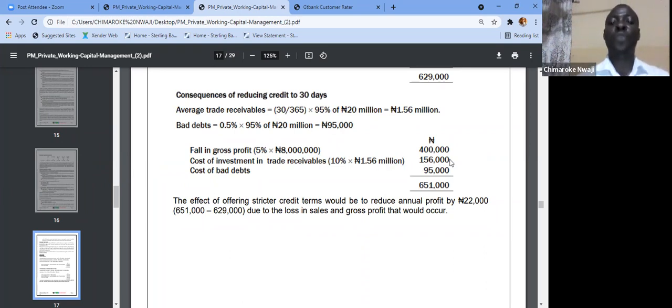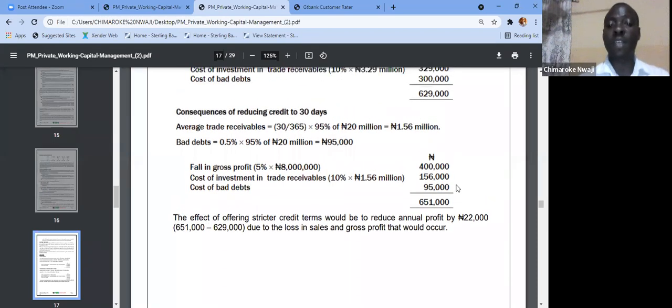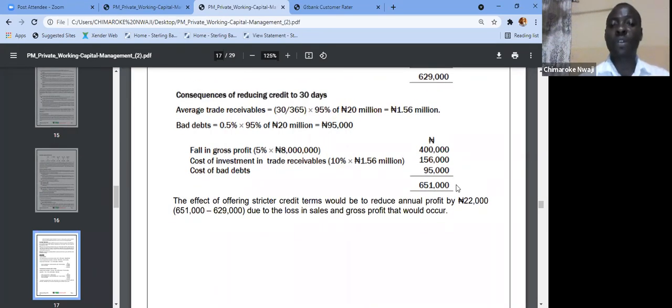The cost of bad debt is 95,000. When you add everything here, it gives you 651,000. That is the cost of giving credit on 30 days.